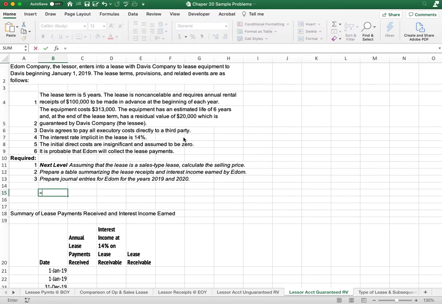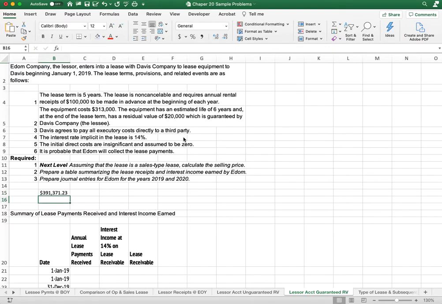So here we'll say equals negative PV, open parentheses, rate is 14%, comma, number of periods 5, comma, payment 100,000, comma, type at the beginning of the year, so type 1, close parentheses, and we get $391,371.23, which is the same as what we calculated in that previous recording.